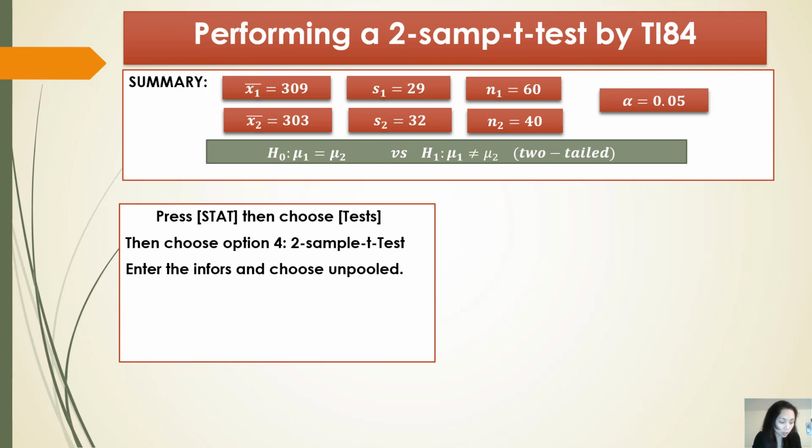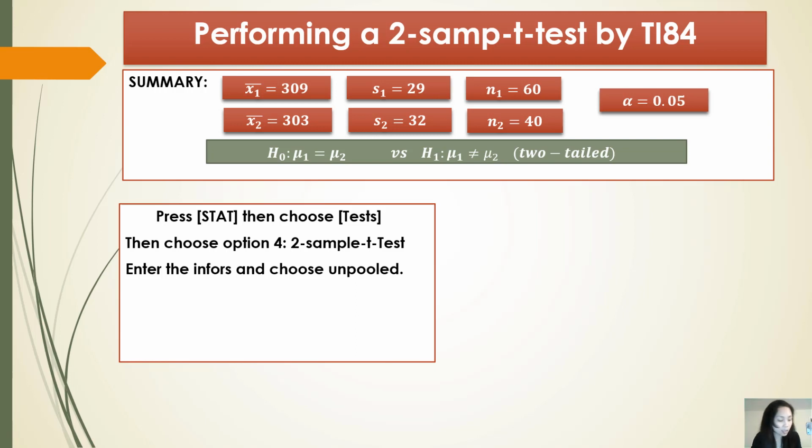Please choose Tests, and when you click on it, there is a list of options. Go for option number 4, two-sample t-test. Then it will ask you to choose whether you enter Data or Stats.